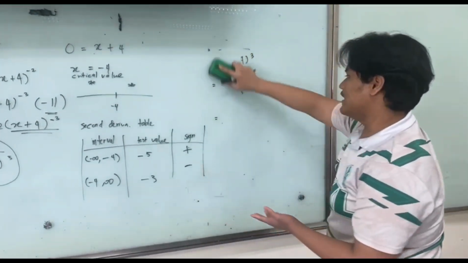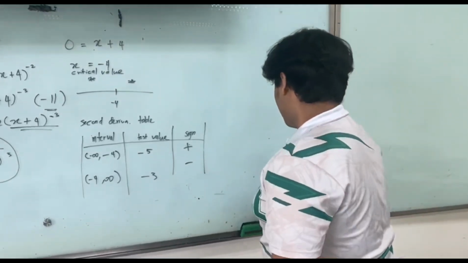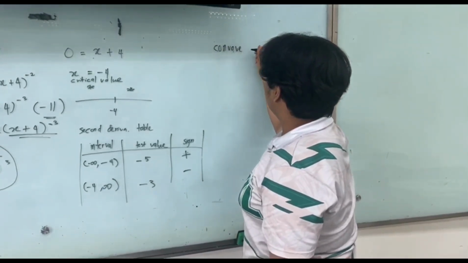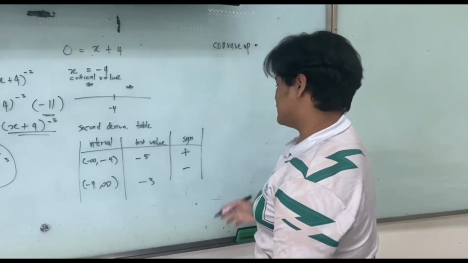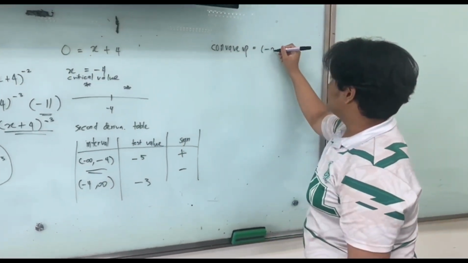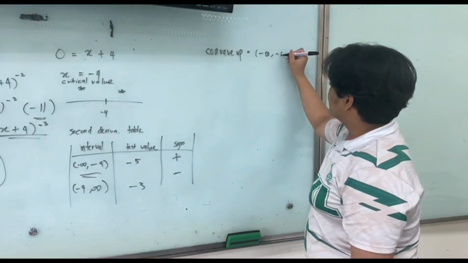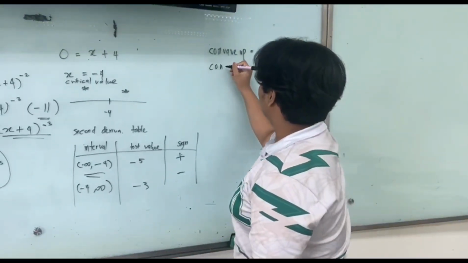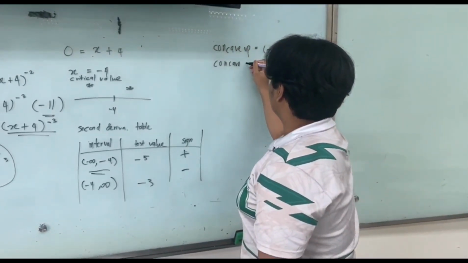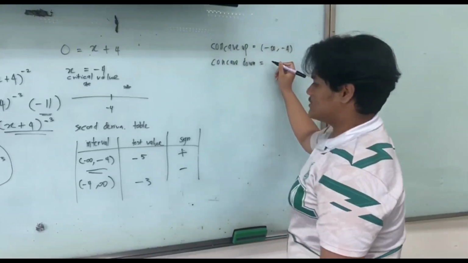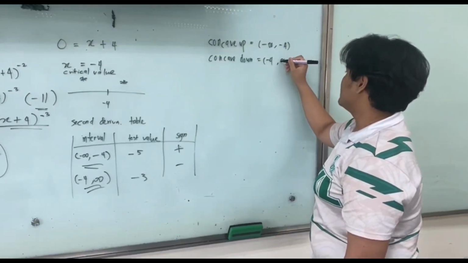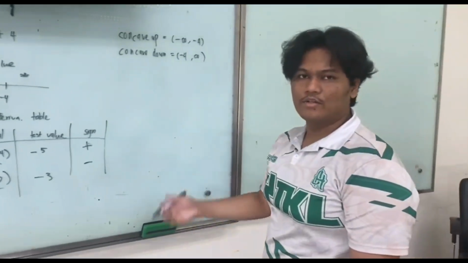After finding the sign, we can conclude that concave up is the positive sign interval, that is negative infinity to negative 4, and concave down is the interval where the sign is negative, negative 4 to infinity. So this is the answer for question D.